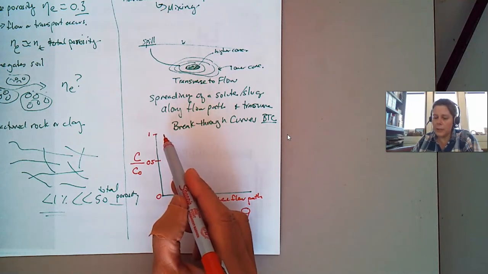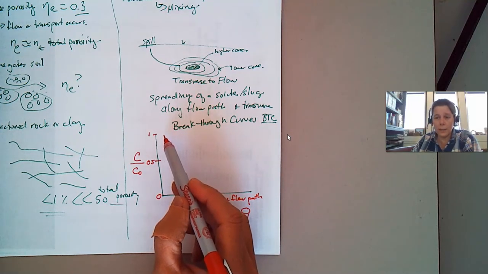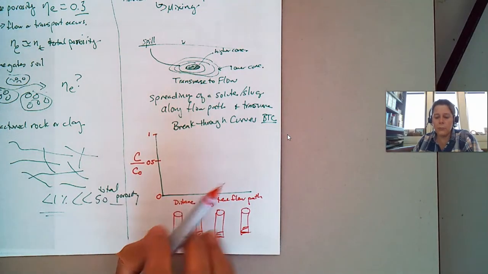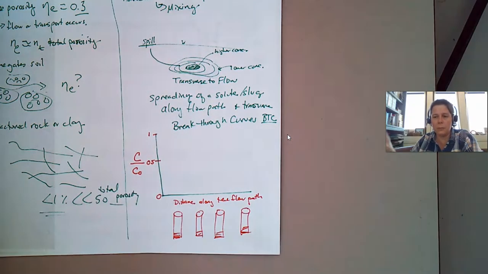When the concentration gets up close to 1, that means it's the concentration you put in. So let's assume for a second that we spilled something very quickly. We dumped a jug of gasoline, we're changing the oil in our car, and we had this leftover oil and just poured it down a well.